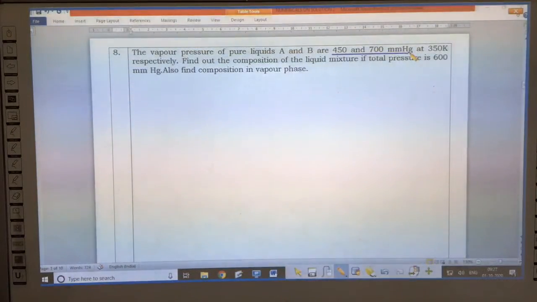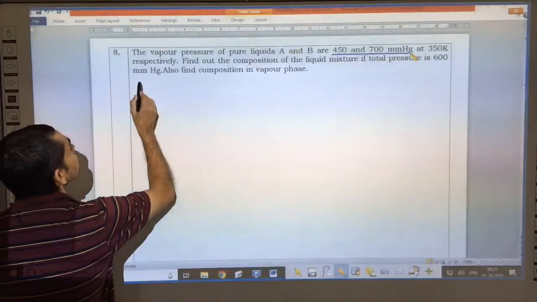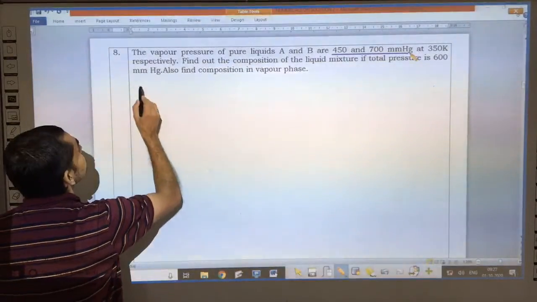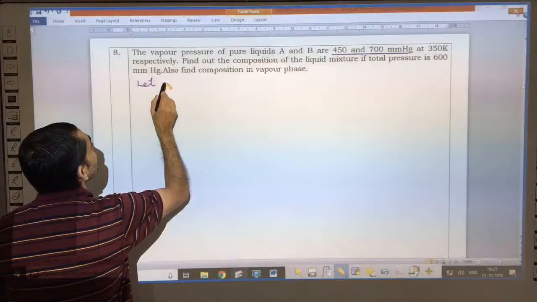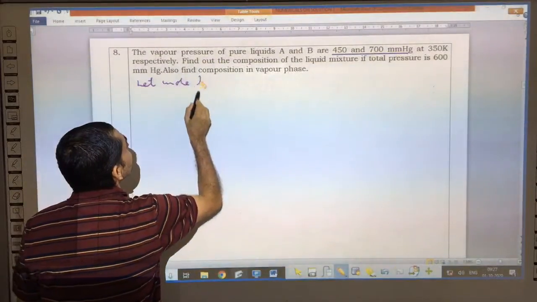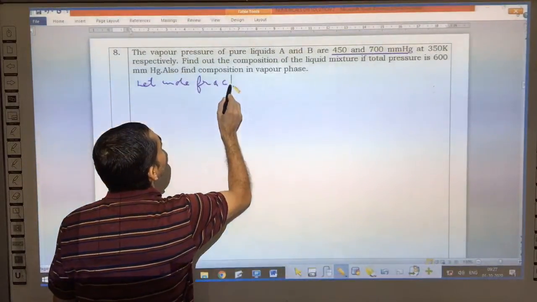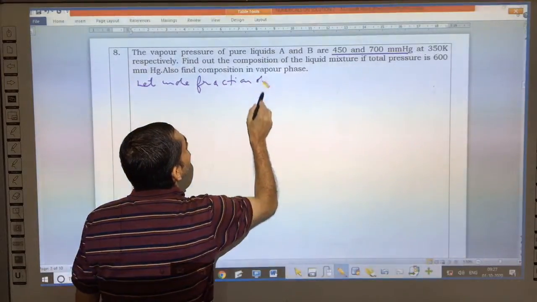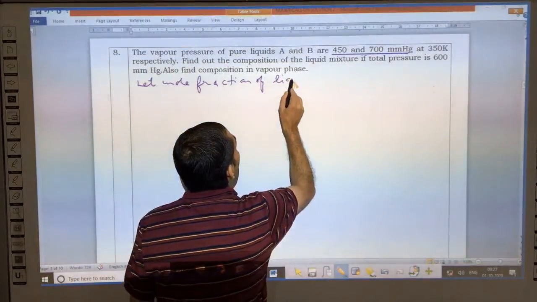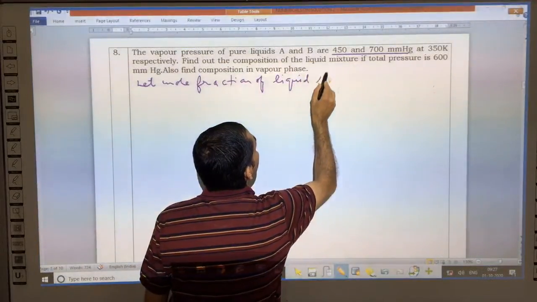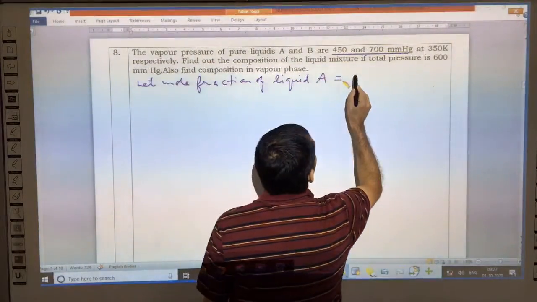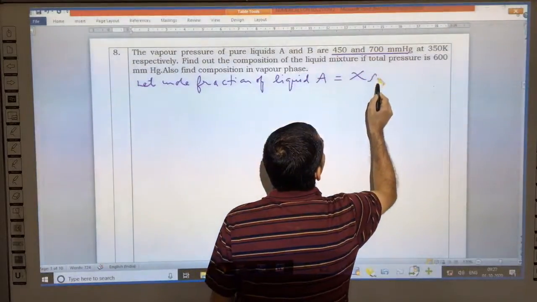The vapor pressures of the pure liquids are given. We have to find the composition of the liquid mixture if the total pressure is 600. Composition means XA and XB. Let the mole fraction of liquid A be XA.